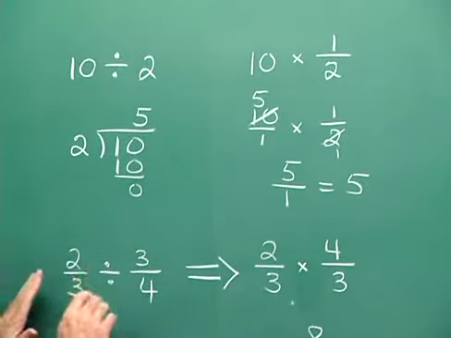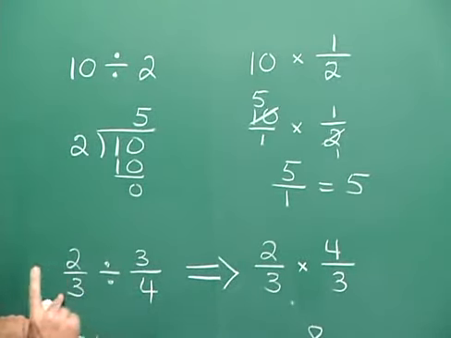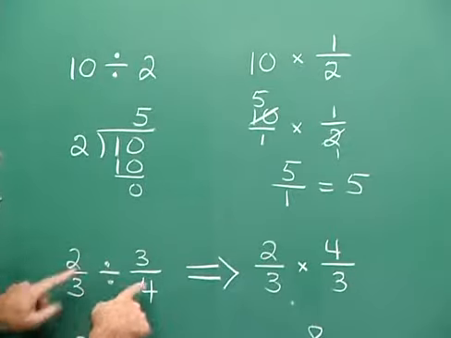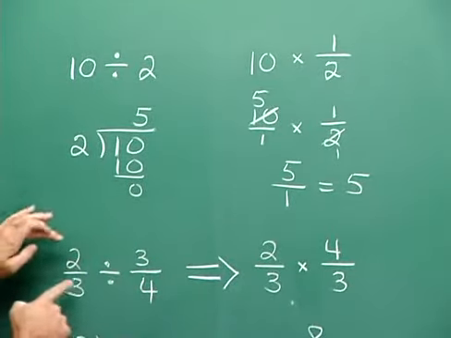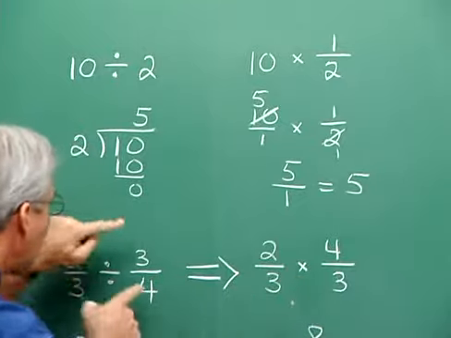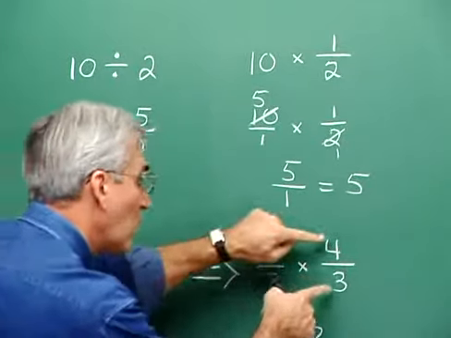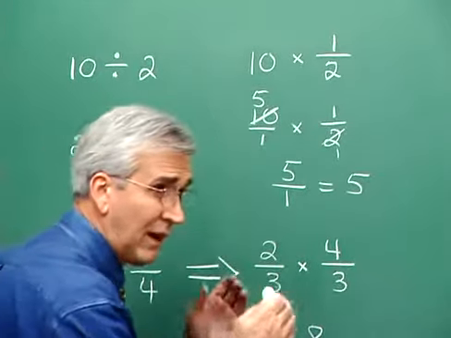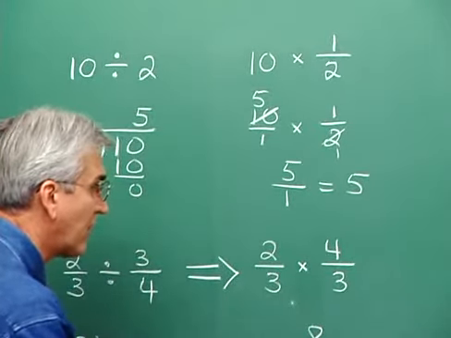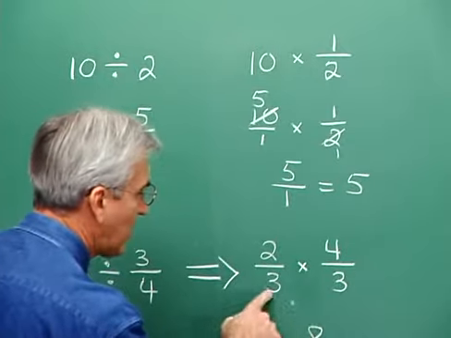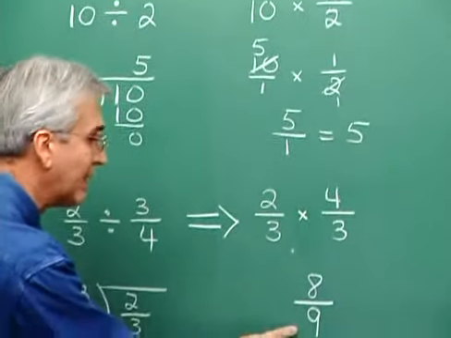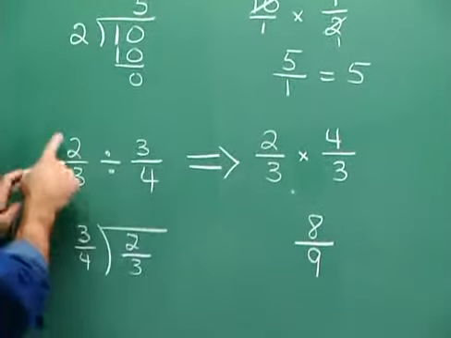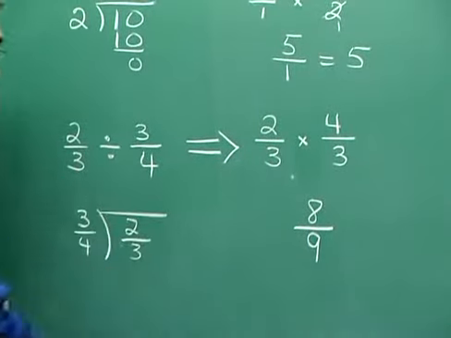We say dividing by 3/4 is the same thing as multiplying by the reciprocal. So we take the 2/3 and we multiply by the reciprocal of 3/4, which is 4/3. And now we use all of our strategy for multiplication of fractions, and 2 times 4, 8, 3 times 3, 9. 8/9 then. So 8/9 is 2/3 divided by 3/4.